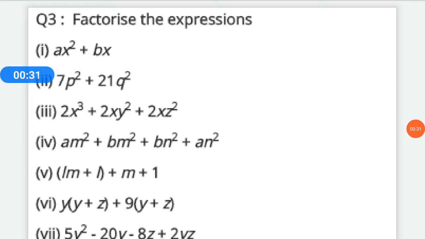What is said over here? Factorize the expression. So what expressions are we having? ax square plus bx, 7p square plus 21q square, 2x cube plus 2xy square plus 2xz square. Then the fourth one, am square plus bm square plus bn square plus an square. Fifth, lm plus l plus m plus 1.